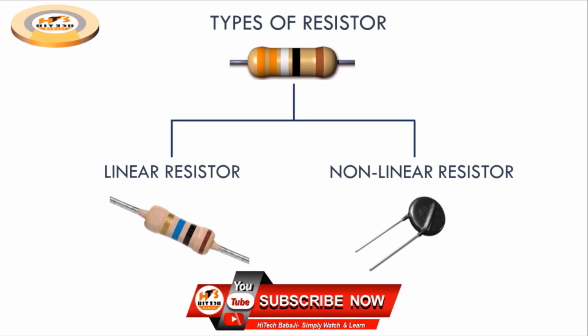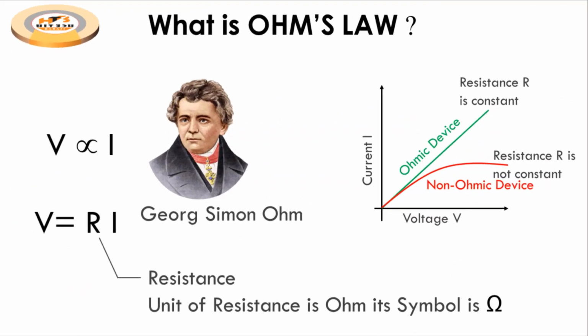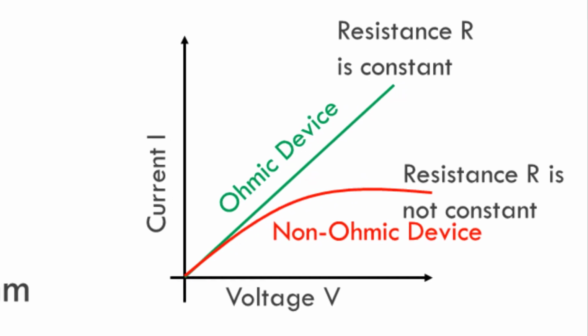Resistors can be mainly categorized into two types. One is linear resistors and second one is non-linear resistors. Linear resistors are those resistors which follow the Ohm's law, meaning applied voltage is directly proportional to current passing through it.